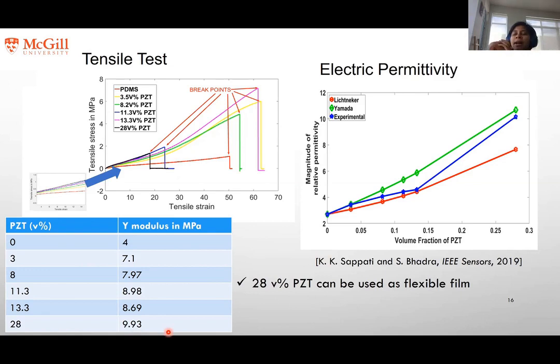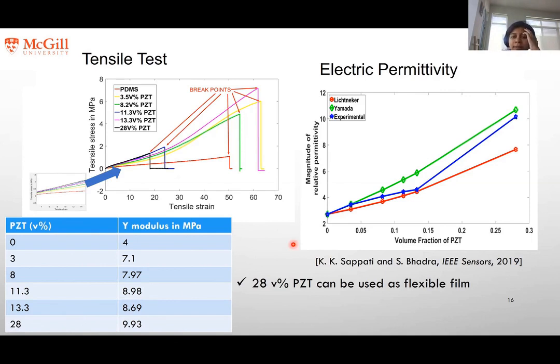So as we increase the PZT volume percentage in the composite, our piezoelectric charge constant increases, but at the same time, our material starts losing flexibility. But just looking at this Young's modulus number, you can see that even with 28 volume percentage PZT, the material is still very, very flexible.